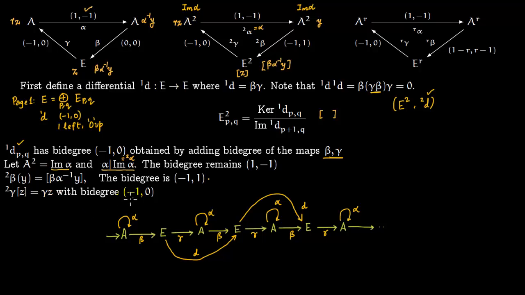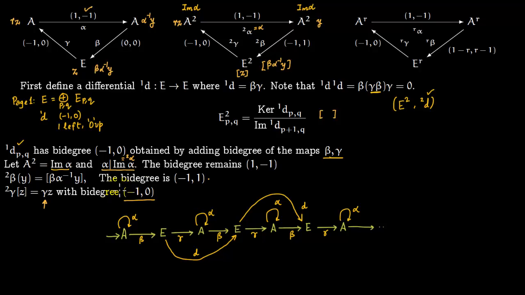Again, this bidegree is (-1, 0) because the only map we are using is gamma. Again, we have to show that this map is well defined, and if you show this map to beta, to gamma, and your map to alpha as restriction to alpha, you in fact get another exact couple. Now since you get another exact couple, you can repeat this process inductively to get, say, the rth couple like this.